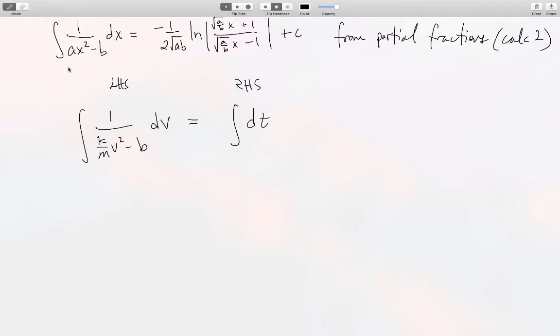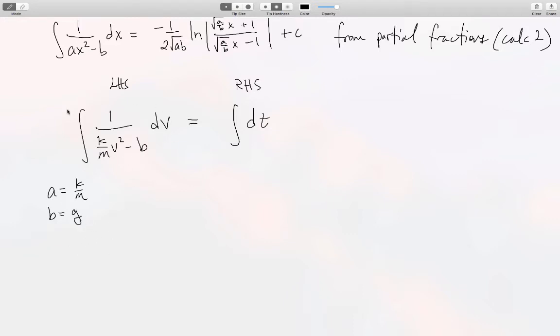And so for that left-hand side, I did all the work up there and have the result where I could say A is k over m, and the B is just g.